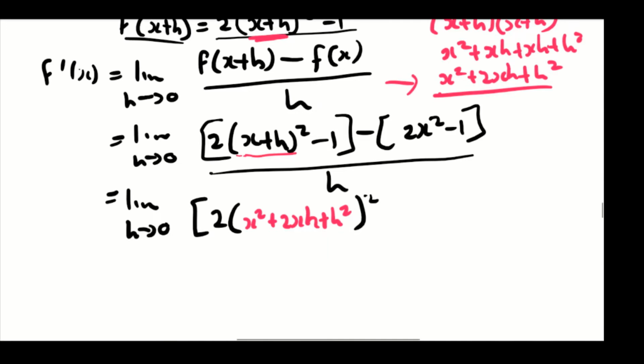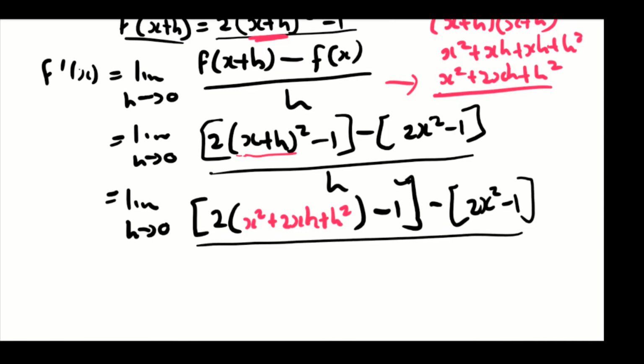No, we don't put the squared. What am I doing? We leave it like that, and then we just say minus 1 and close this bracket, so it's minus 2x squared minus 1, just like that, divided by h.